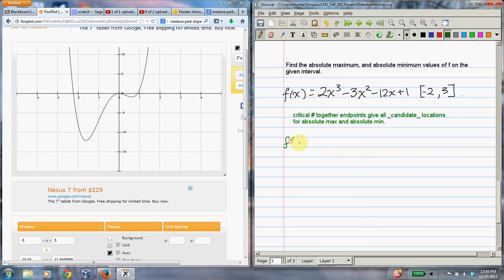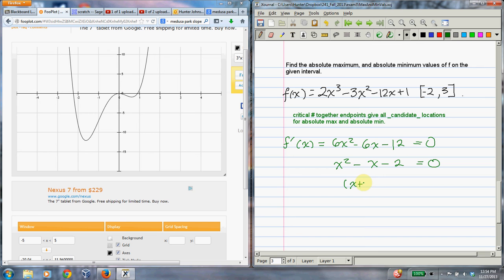We have to take the derivative. So we have 6x squared minus 6x minus 12 equals 0. And divide through by 6, and you get x squared minus x minus 2 equals 0. And two numbers like this, positive 2 and negative 1, right?